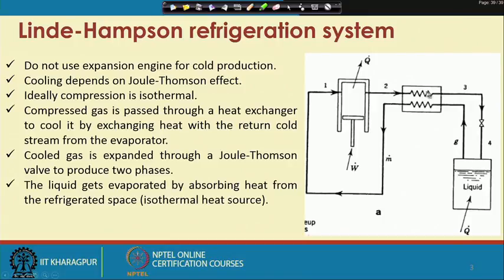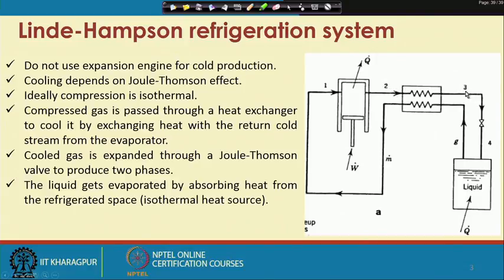If we consider the heat exchanger to behave isobarically, that is, with no pressure drop within the heat exchanger, then the pressure at point 2 and point 3 will be the same, whereas the temperature will be less at point 3 than at point 2. That means T3 will be less than T2.